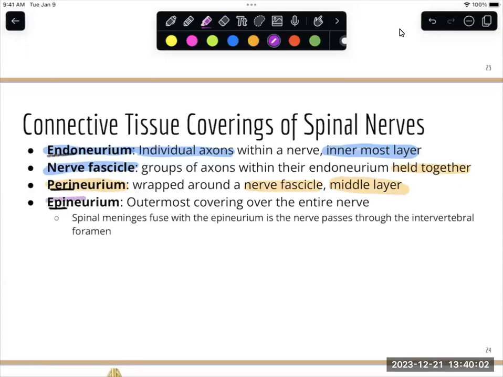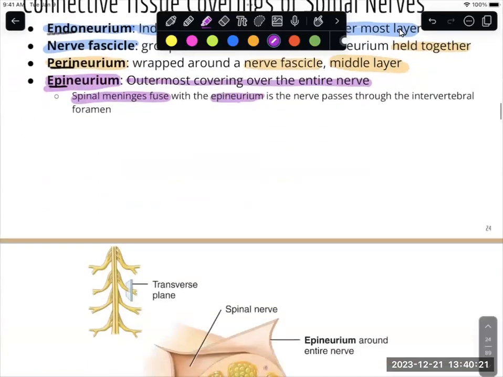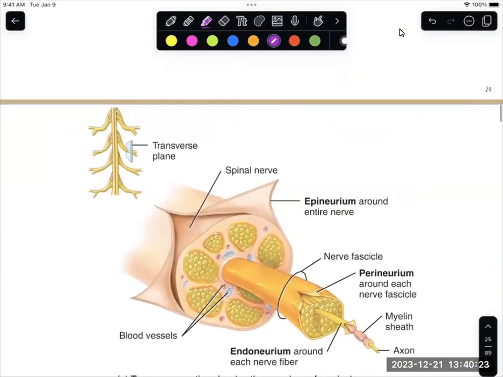Then we have our epineurium. This is that outermost layer that covers the entire spinal nerve. We were talking about the meninges earlier. Part of those spinal meninges fuses out with that epineurium. So let's look at a spinal nerve.